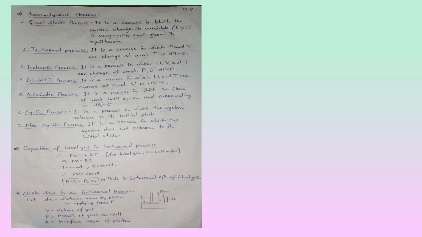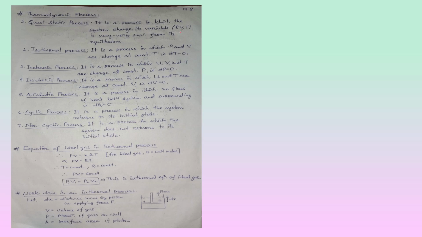In this process, the system changes its variables, which may be pressure, volume, temperature. That means a process in which these variables show only very small changes from their equilibrium.